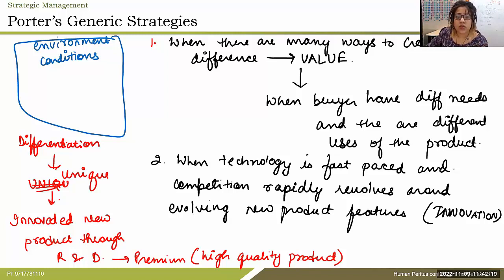So Walt Disney is also catering to different needs in the entertainment market, and its characters are watched by the adult category of people and the children also. So all unique cartoon characters, right? This is a differentiation strategy. This is what we call differentiation strategy.